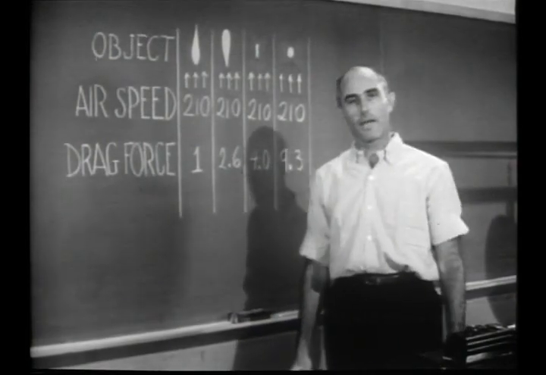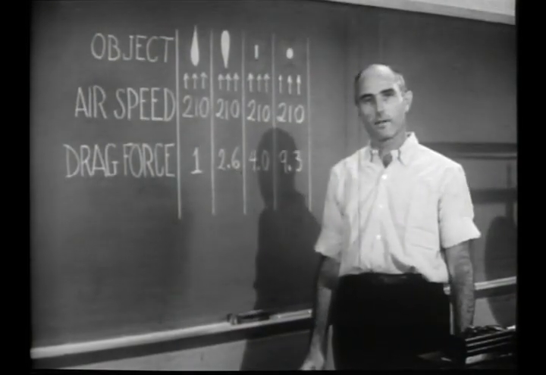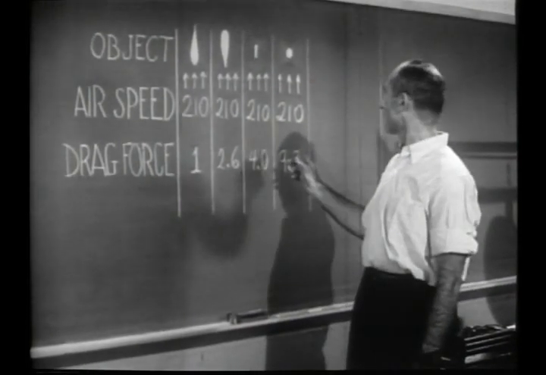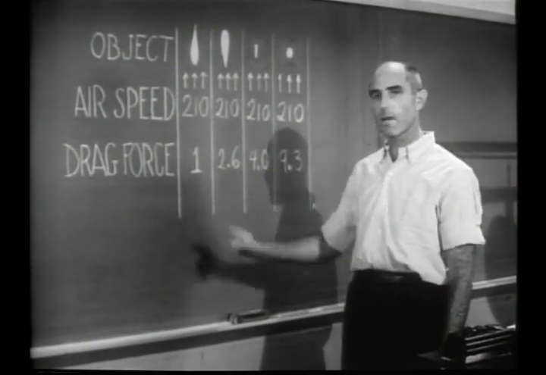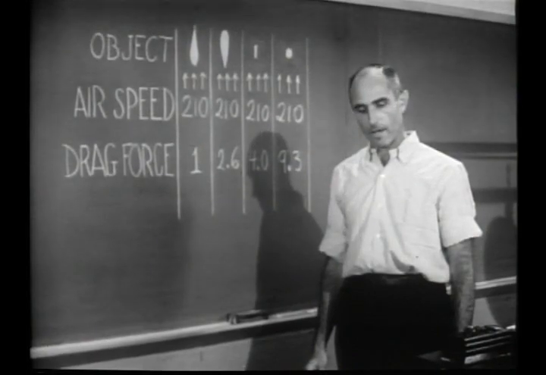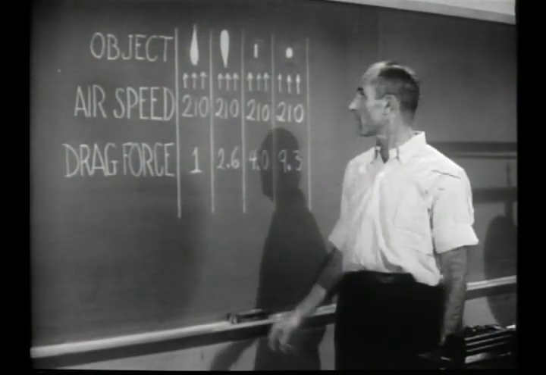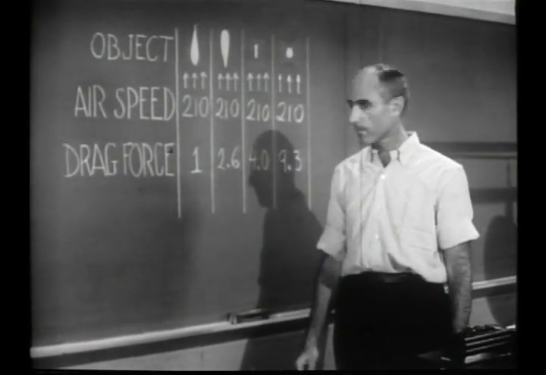The speed once again reached 210 miles per hour, and you saw from the scale that the drag on the round rod was more than 9 times as great as the drag on the airfoil, having the same maximum thickness.